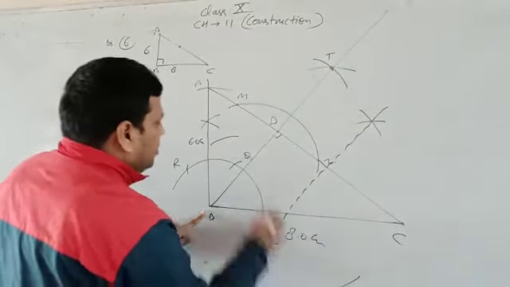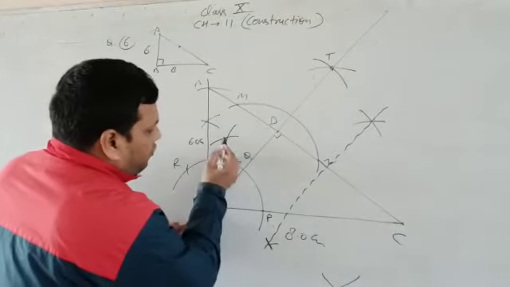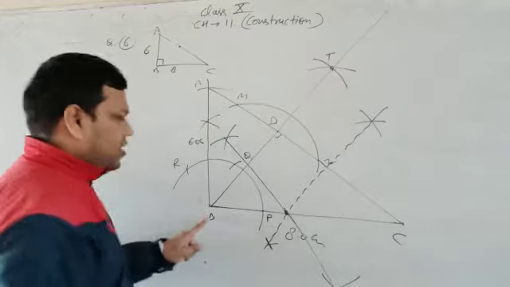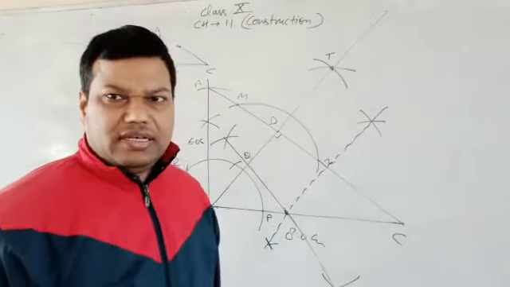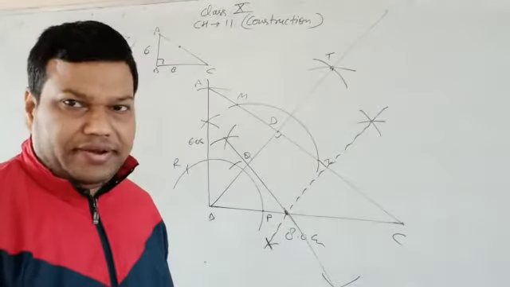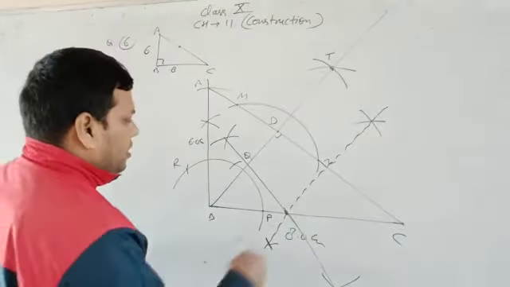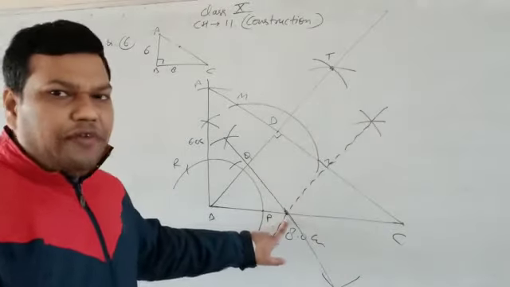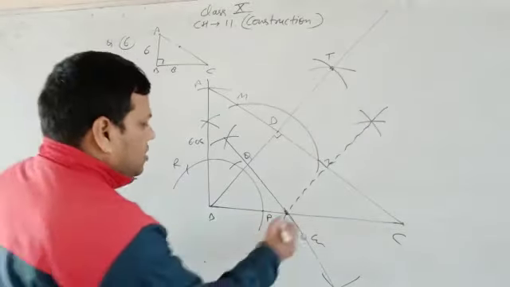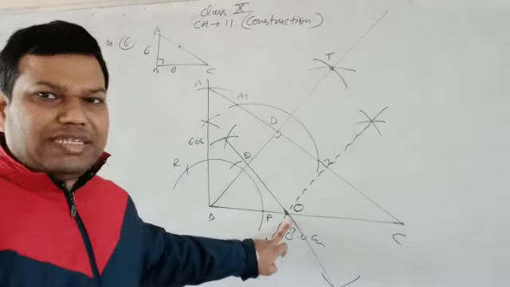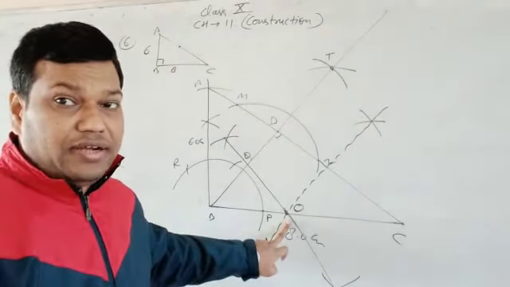Next you have to draw the perpendicular bisector of BD also, like that, and this one. You will find that it will intersect here somewhere on BC, right? So you have to join that, this one and this one. You will find that this will be the center for the required circle.